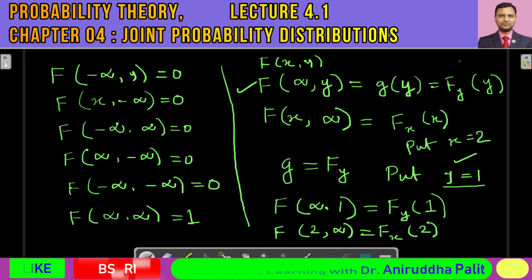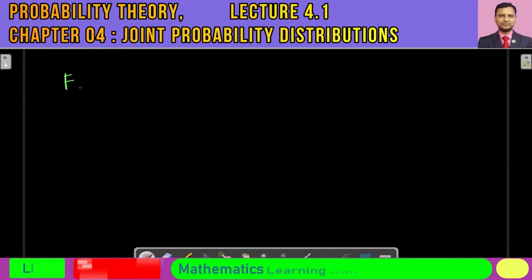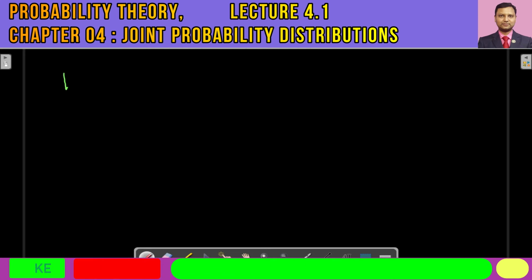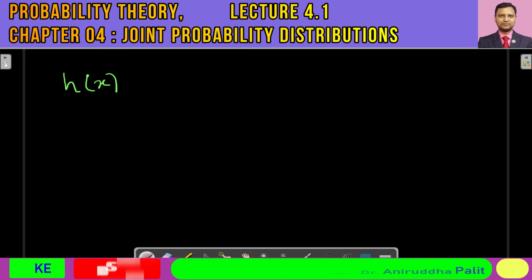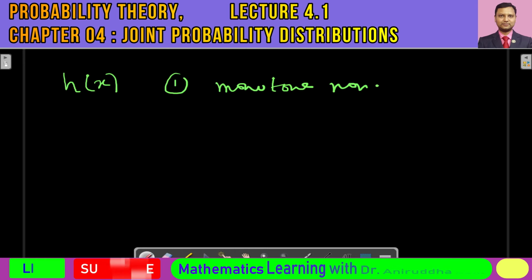Let me write it once again, although it has been discussed in the previous classes. If you consider this as a function of a single variable, in place of f let us write h. Suppose h is a distribution function of a certain random variable. In that case, number one, h should be monotone non-decreasing.